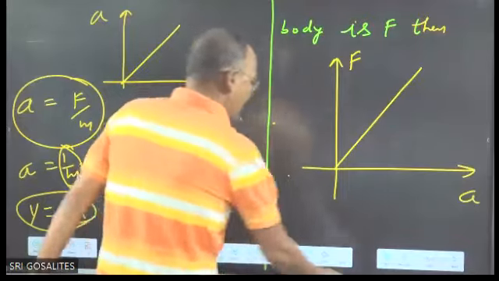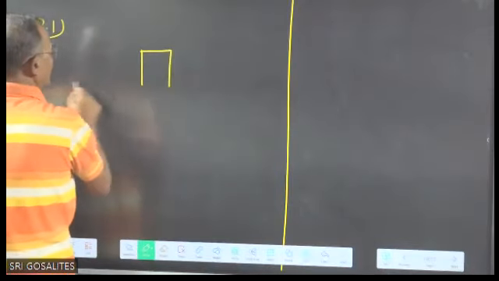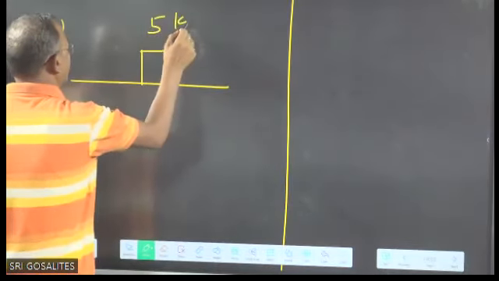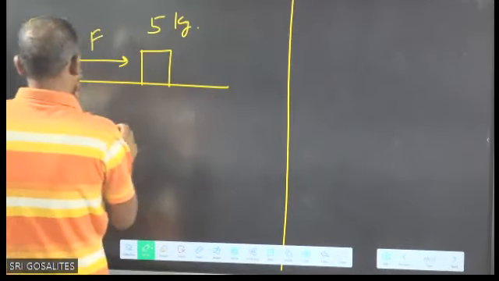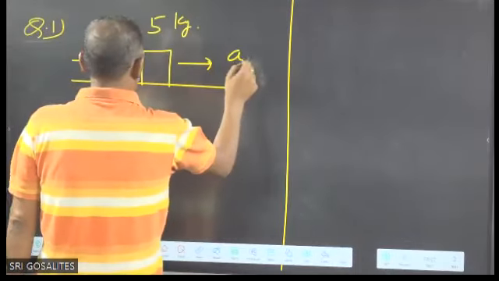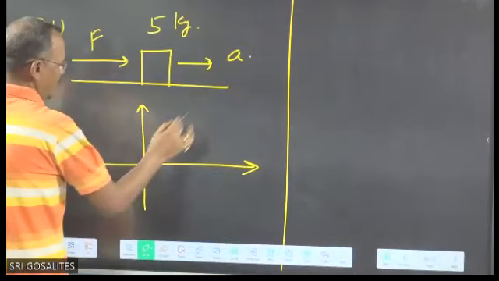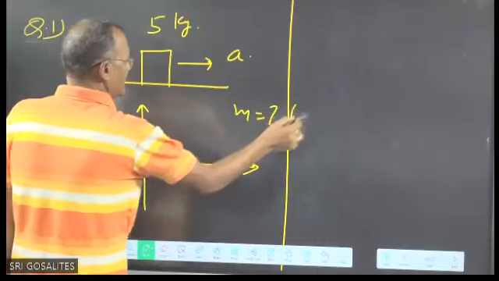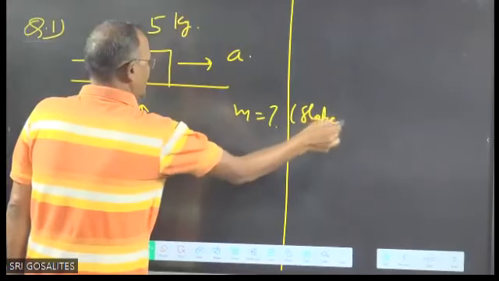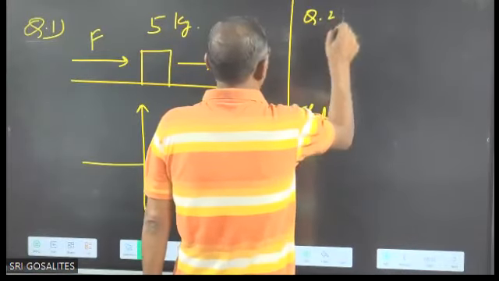Okay, so I'm adding the screen. Now you tell me. Question number 1. There is a body of mass 5 kg. We are applying a force F, so it accelerates with A. Find how the graph looks and what the slope of the graph is. Question number 2.